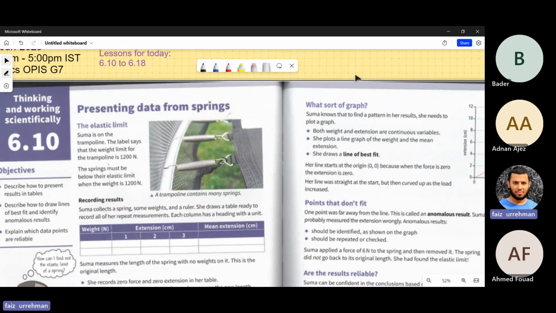You know, the springs in the shock absorbers in cars and trucks, above the tires, there is a spring connecting it. So that is for the shock absorbing.